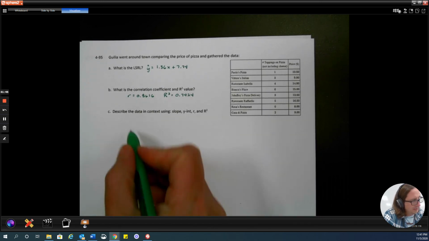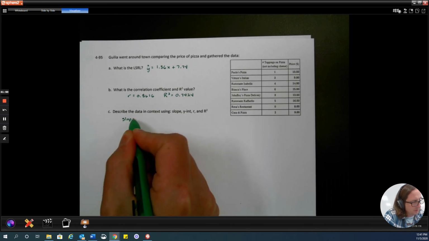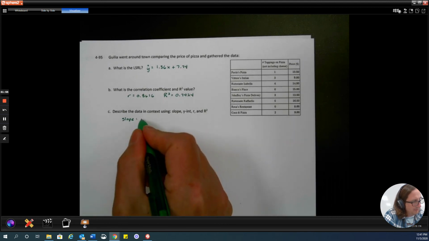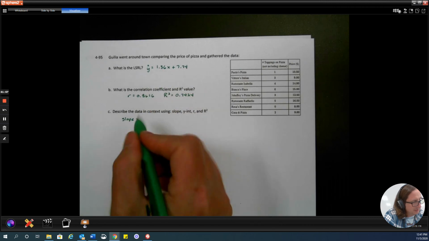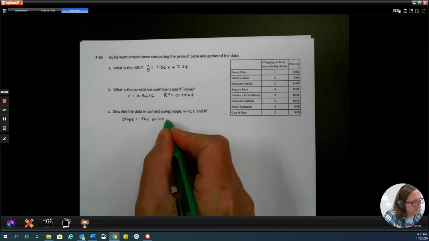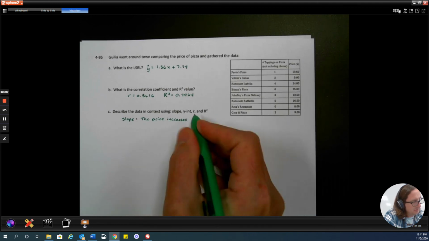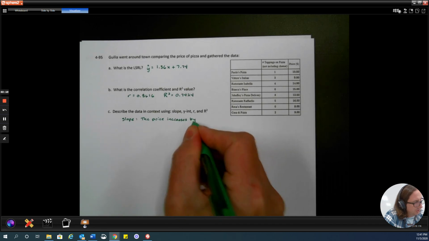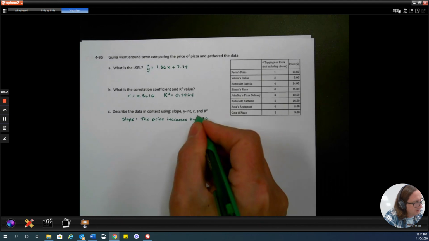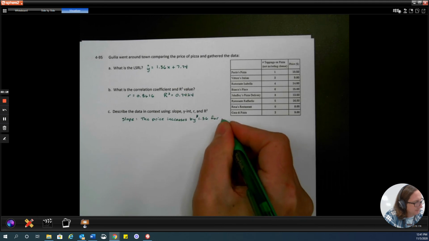All right, so we can say that the slope in context means that for every topping, or we can say the price, let's say the price increases by $1.36 for every topping added.